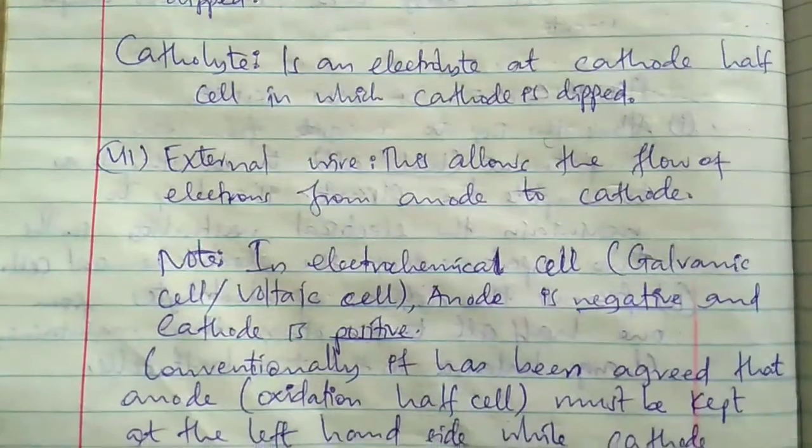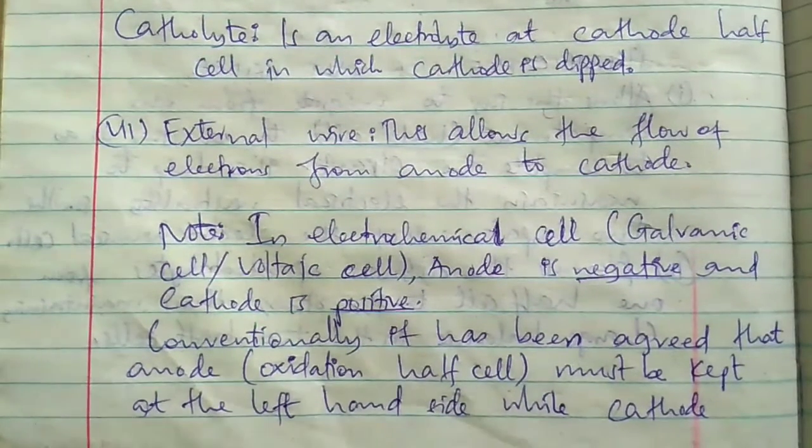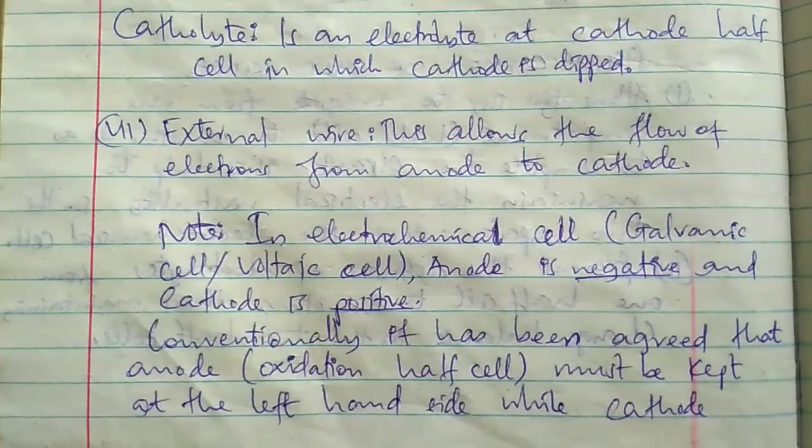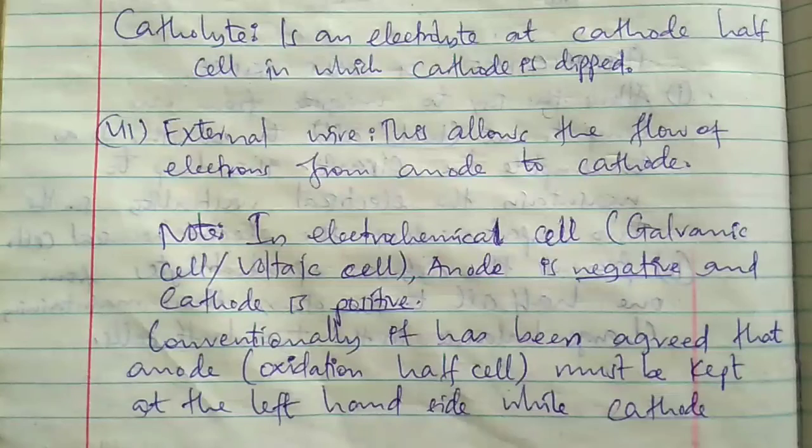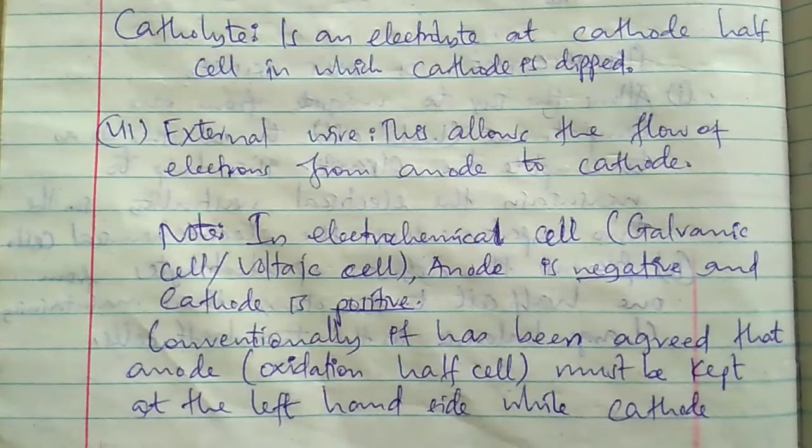Conventionally, it has been agreed that anode or oxidation half cell must be kept at the left hand side, while the cathode, yani reduction half cell, must be kept at the right hand side. Anode inatakiwa iwekwe kushoto, cathode kulia.